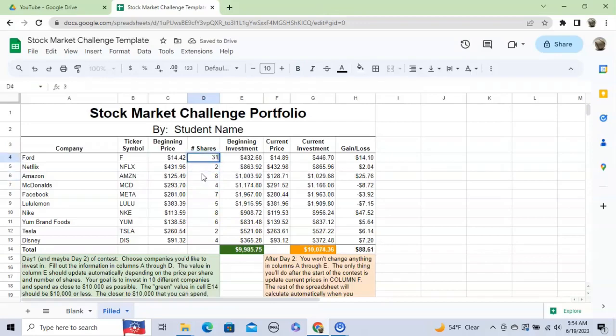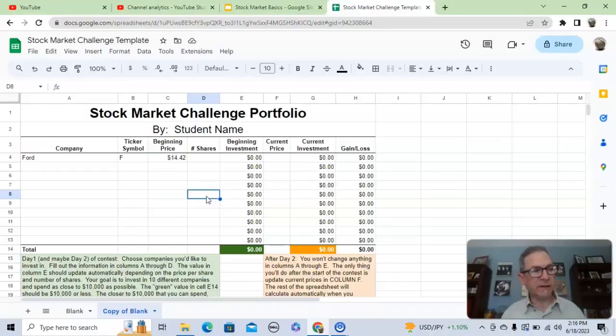That what if game that students can play to get as close to 10,000 as they can, I think is really important. It allows them to see that spreadsheets can keep updating and recalculating for you, and that's a really valuable skill. So I will encourage students to get as close to 10,000 as they can. It's like if you're starting a race, you want to get as close to the starting line as you can.